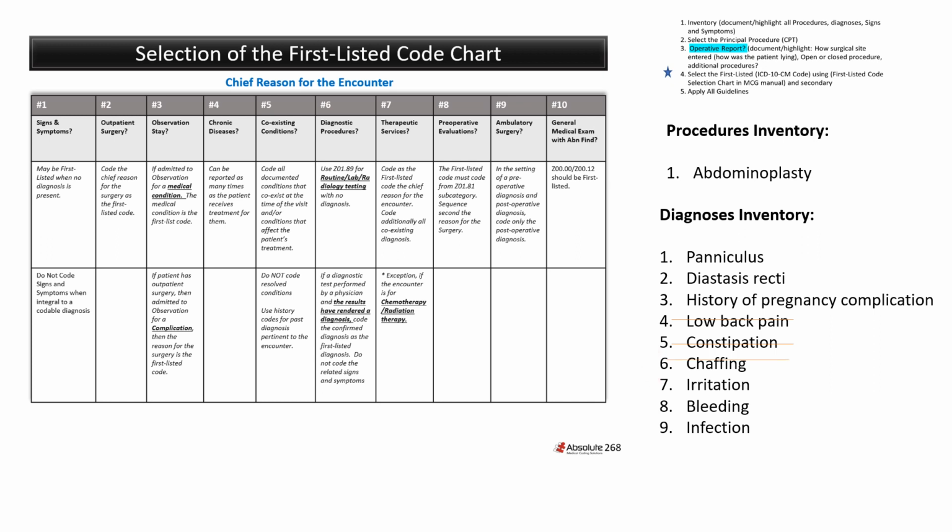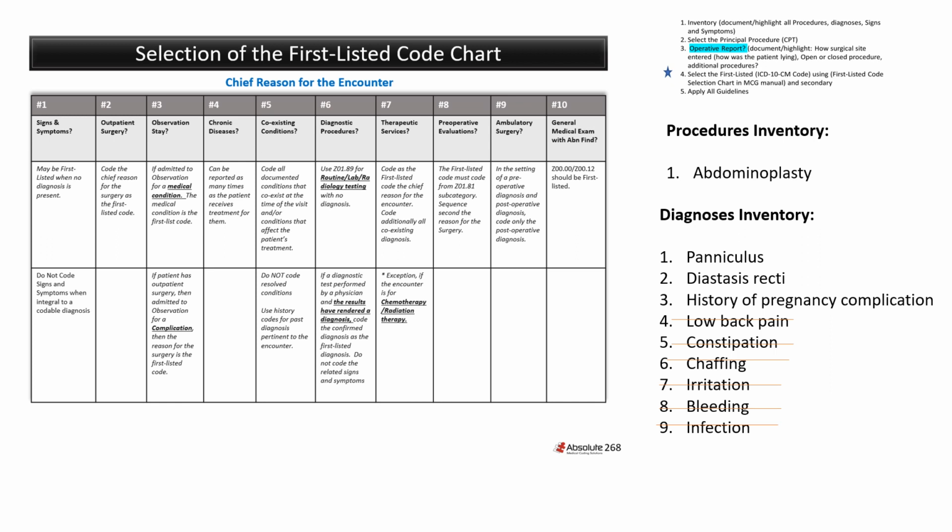Chafing is an indicator of panniculus, and so is irritation, and that could lead to bleeding and infection. So all of these Chapter 19 codes, I'm saying Chapter 19 because there are codes, that's a clue, are integral to number 1 and or number 2.